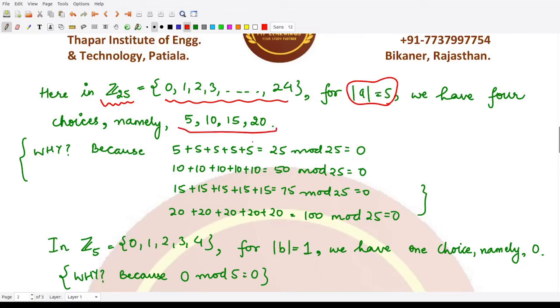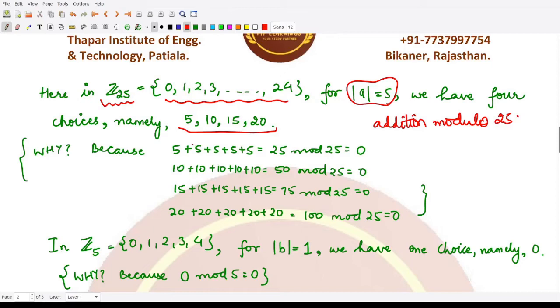Why? Because here the operation is addition modulo 25, right? In order for any element to have order 5, we need to add that element 5 times and take mod 25 of it.